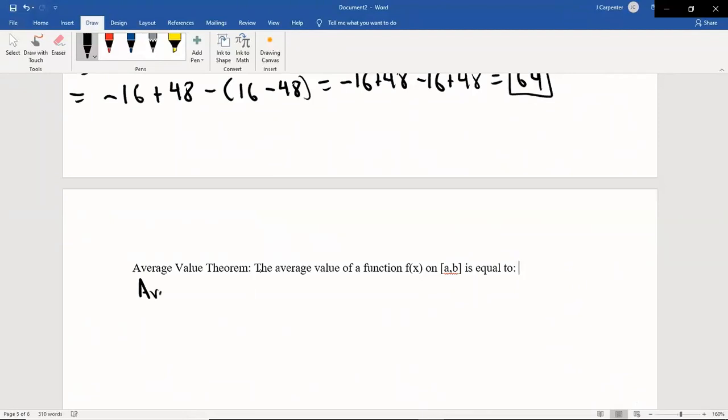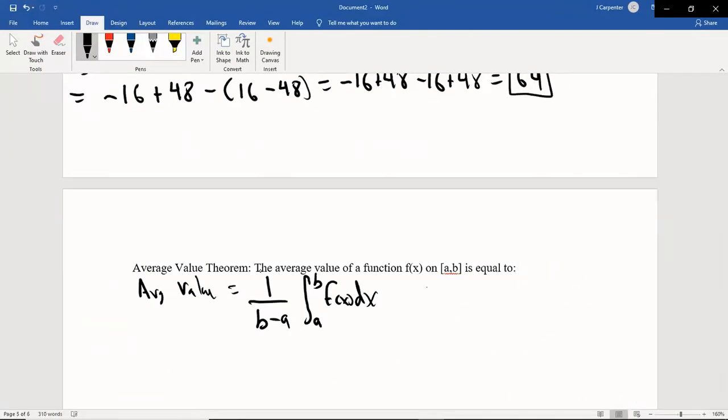So your average value, again, from a to b, is equal to 1 over b minus a times the integral from a to b, and then it's just the function integrated.